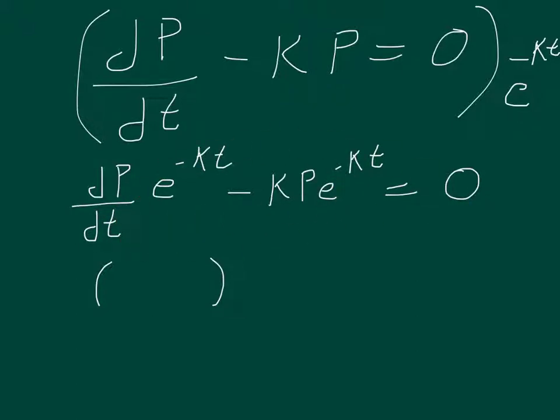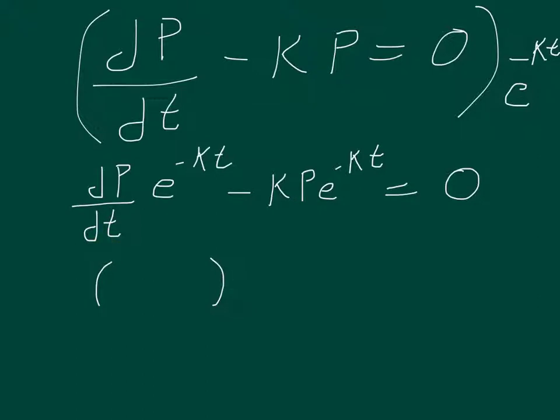And so when you look at it very closely, you notice you've got p, and the derivative of p with respect to time is dp/dt.